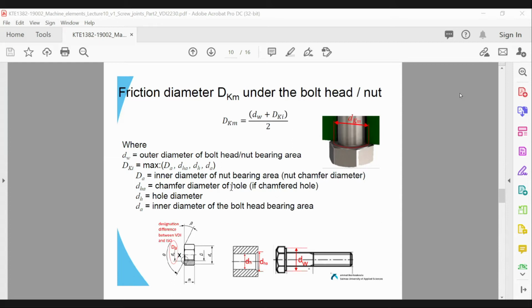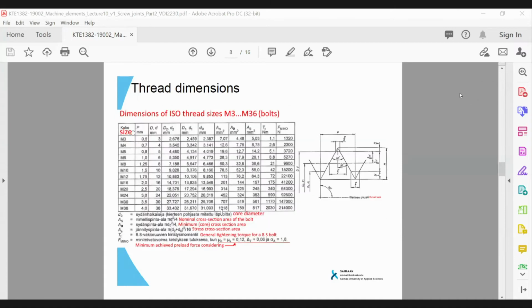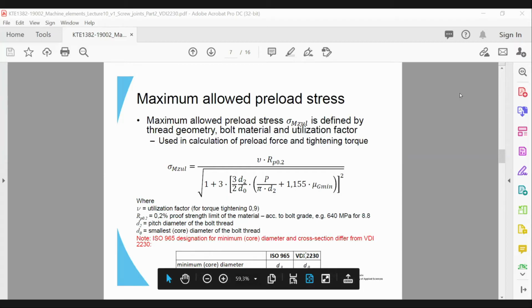And while doing the calculation, keep in mind that some of these designations between the ISO 965 and VDI are not completely uniform. So this minimum core diameter is a slightly different designation in the VDI, and also the stress area.